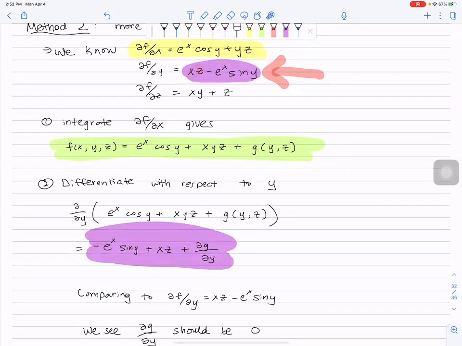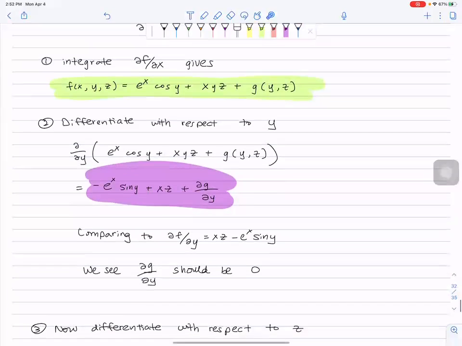Well, we have an xz already. We have this e to x sine y. So really this partial is just 0. We don't need it according to comparing our purples. So if the partial of this should be 0, that means that g could be some constant, but let's not write that for now.